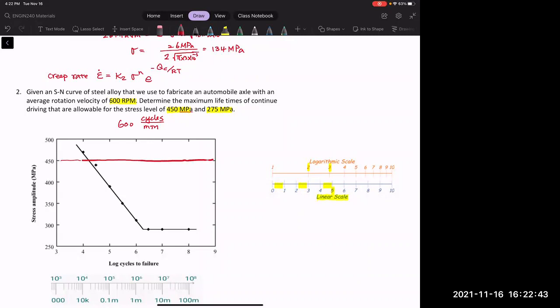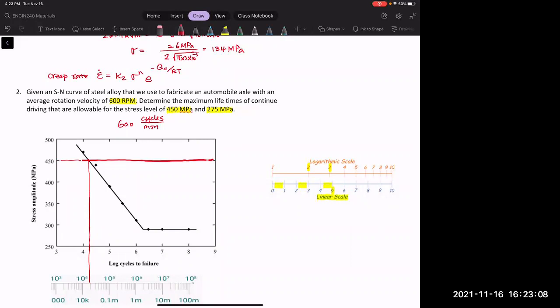So this interception, we draw vertically to find this value. You can extend this one to the bottom because this one gives you a scale. So you can see this one here. It's not like 10 to the fourth. It's more than 10 to the fourth, but how much more?